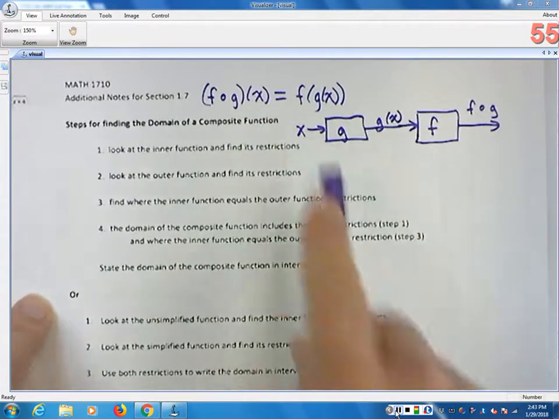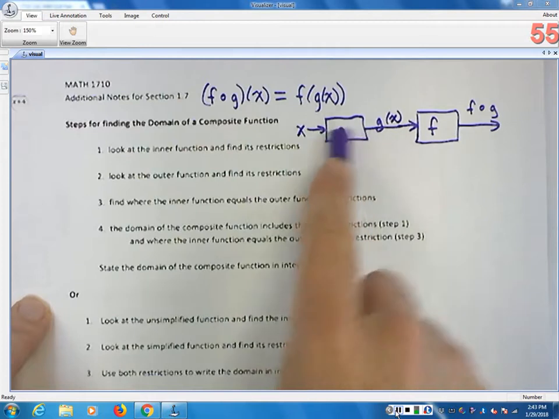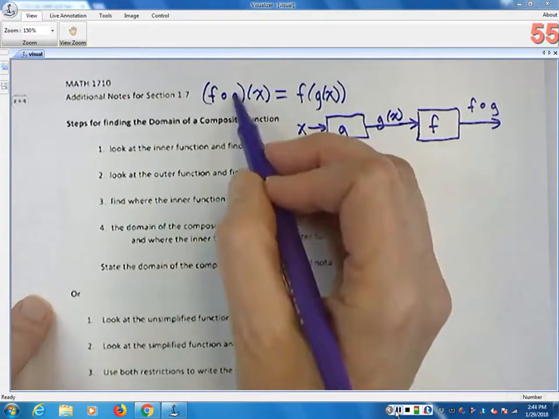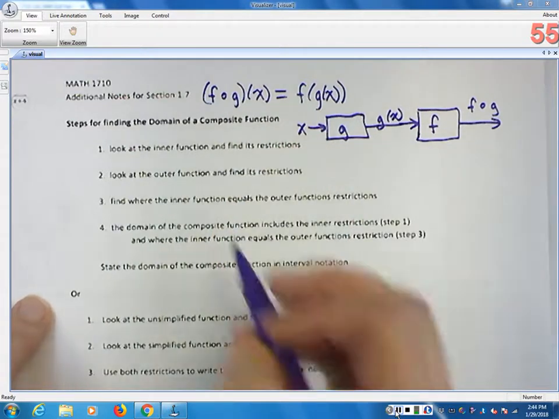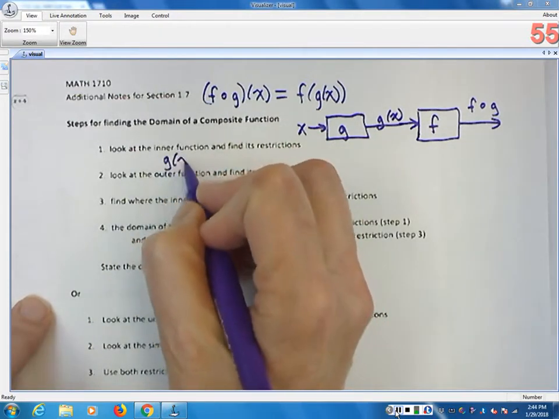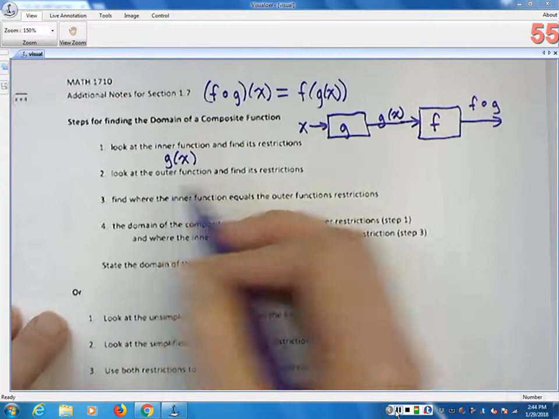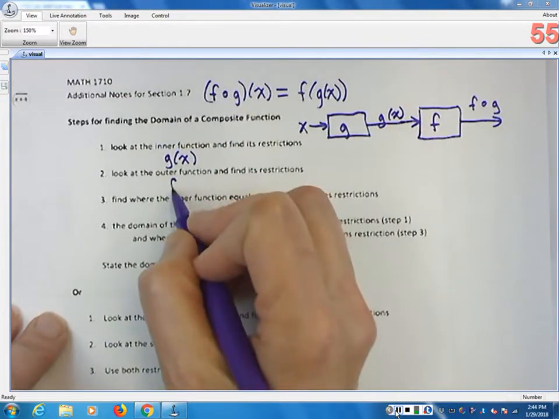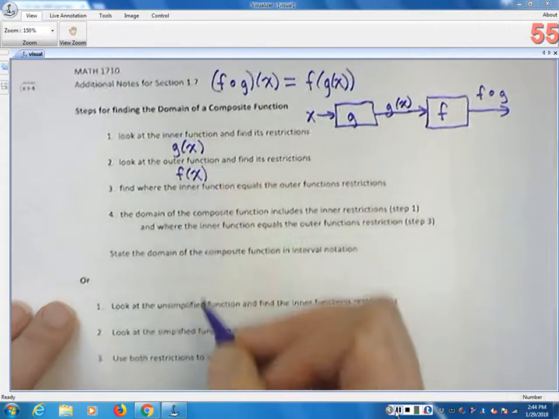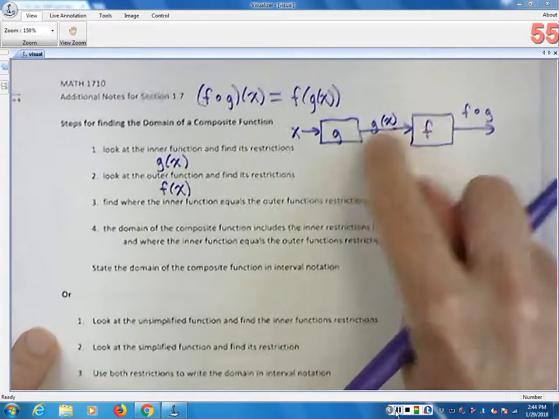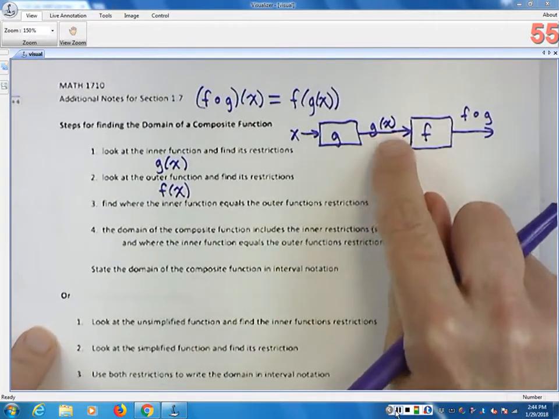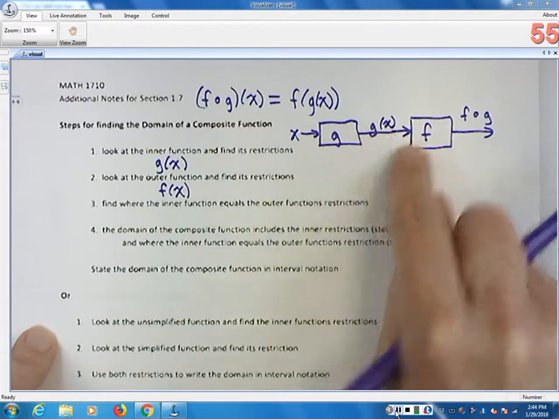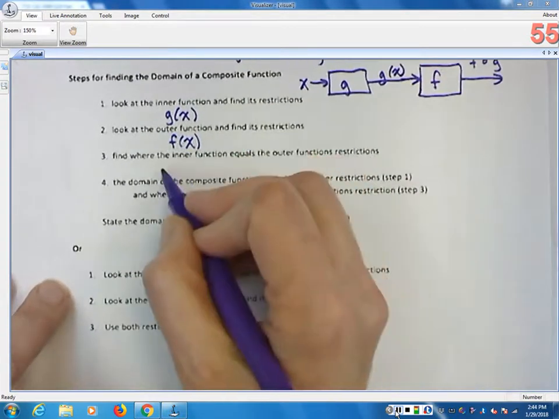So that's why you look at the inner function and find its restrictions. And if g is second here, it's the inner function, so that would be g of x. Then you look at the outer function, f composite g, f is the outer function. Because the outer function, f, doesn't have x going into it, it has g of x going into it, you have to set the restrictions.